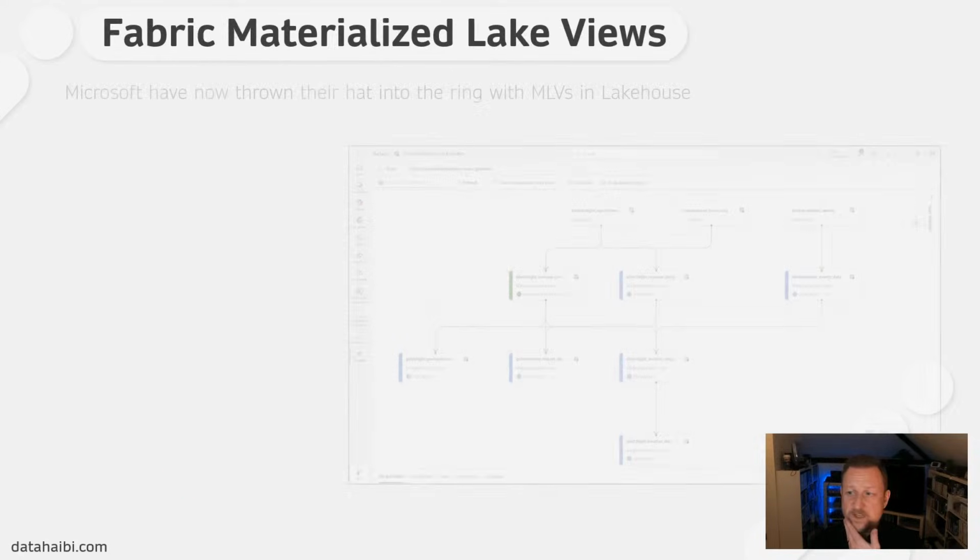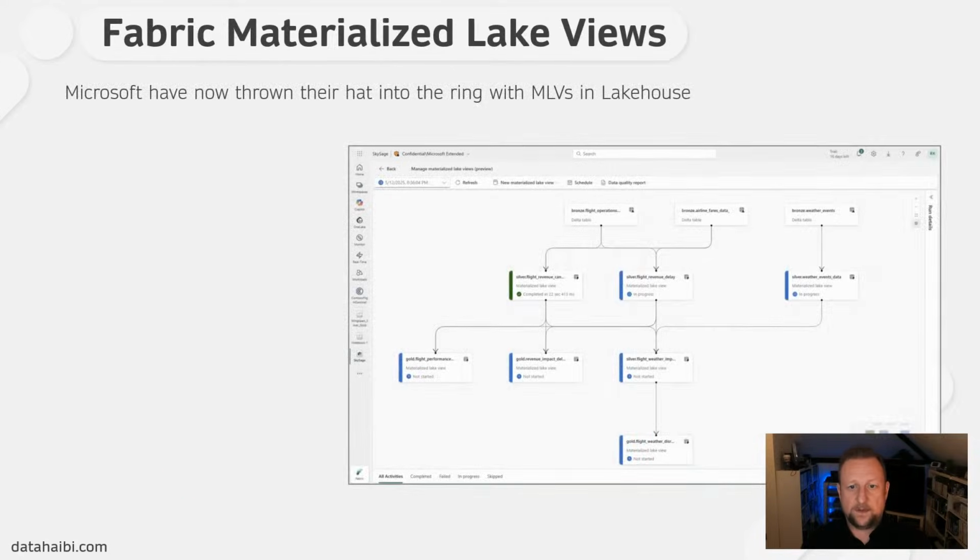So when we look at MLVs, it's going to look very similar. We've got a dependency of objects, these materialized lake views. Now, ultimately, these MLVs are just tables. It's a slightly different type of table with some additional metadata.